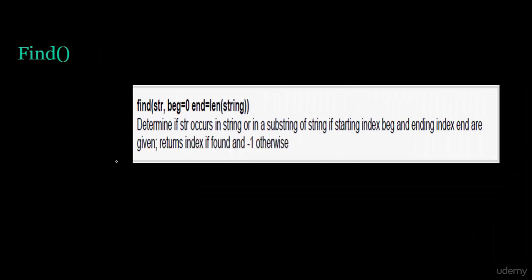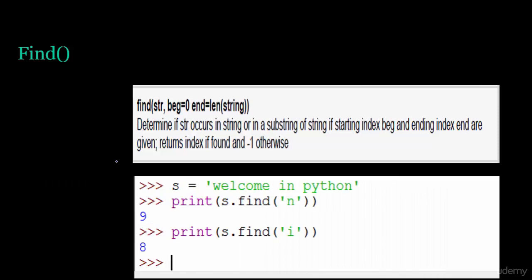Find. This method determines if a string occurs in a string or substring. It's like index. Here, s is "welcome in Python". If I type s.find('n'), it will tell us the index of our letter n. And if I type s.find('i'), this will tell us where we can find i.